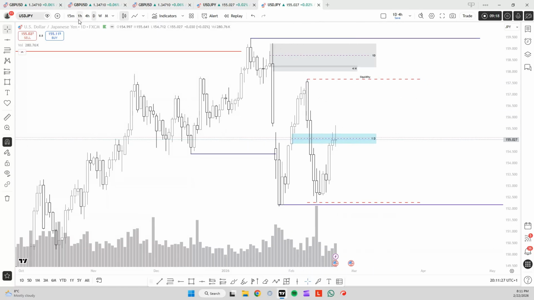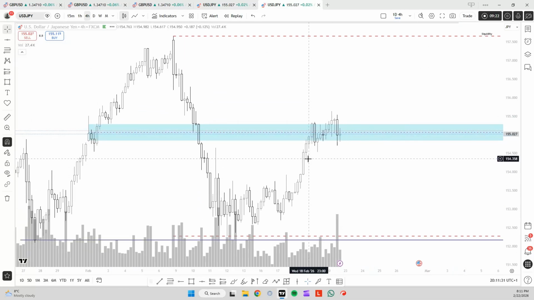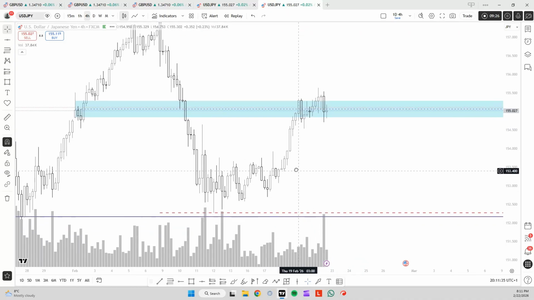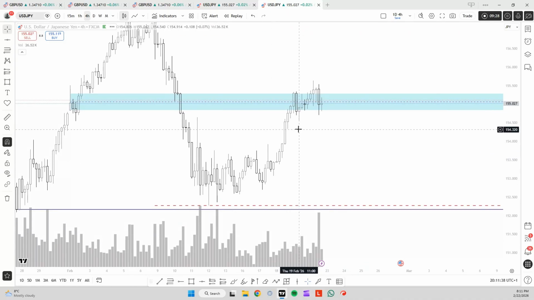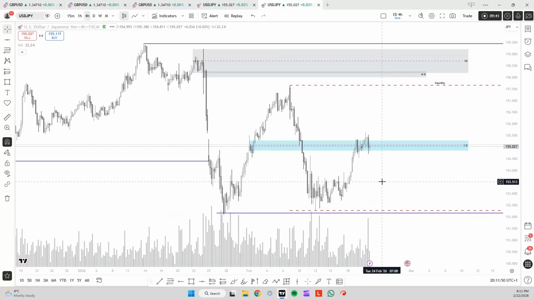If not, if the price breaks this low, then I am going to look to short, but not really for the low, but more towards this accumulation.